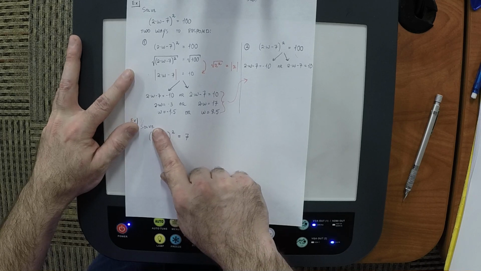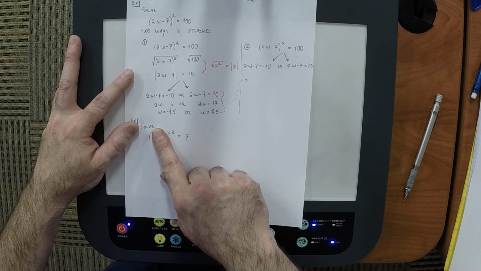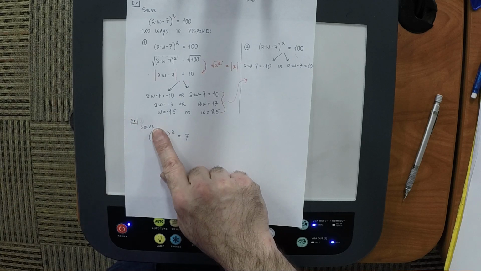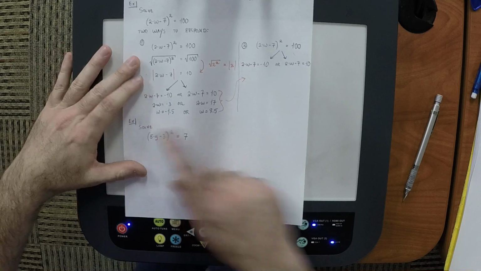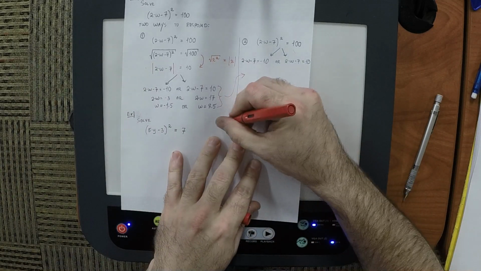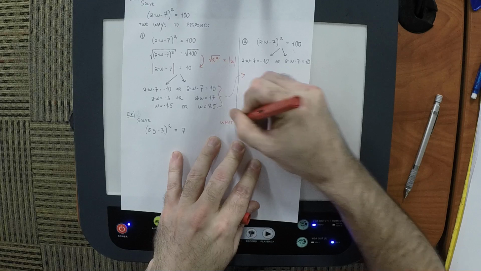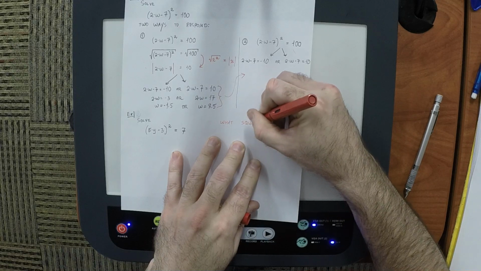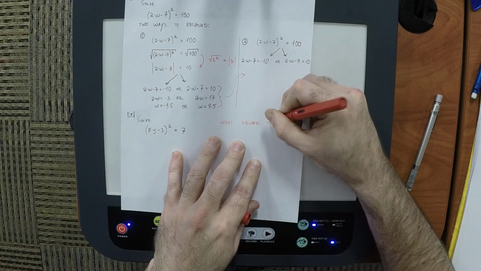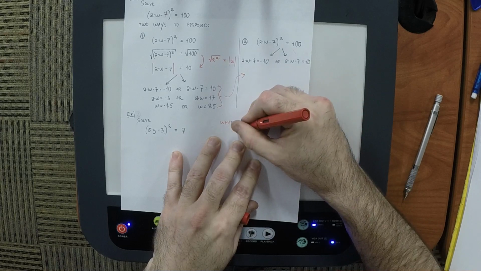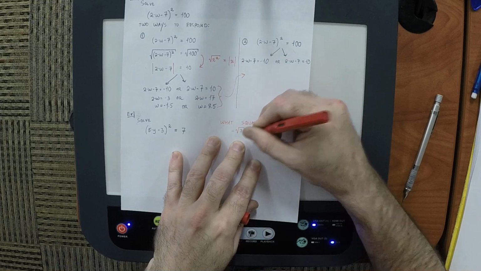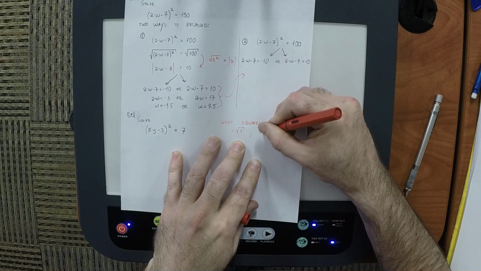Well, of course there is. There's a name for it. What's the name of the thing that squares to 7? Square root of 7. That's its name. Okay, so what squares to 7? Negative square root of 7 will do it, and for that matter, so will square root of 7.